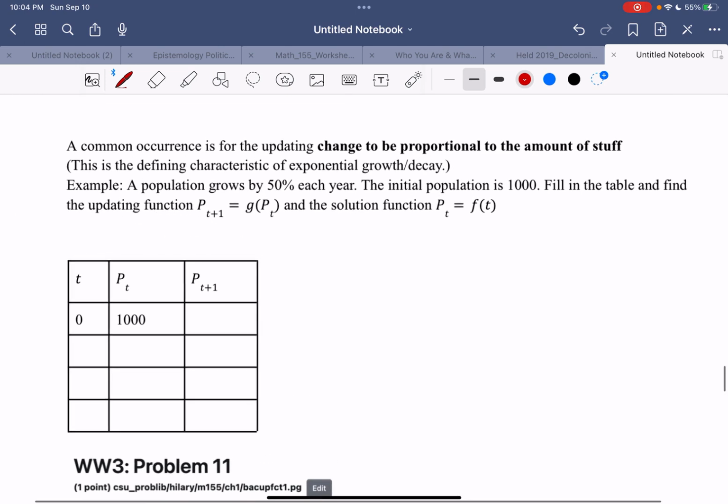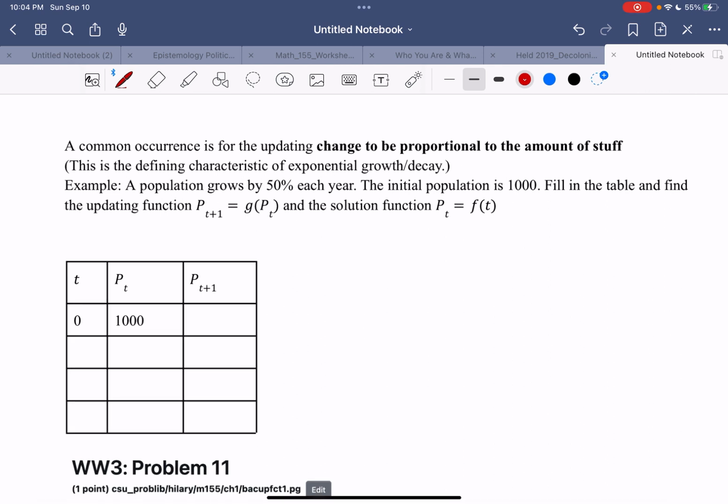So, a common occurrence is for the change to be proportional to the amount of stuff. In fact, this is what it means to grow exponentially. This is the defining characteristic of exponential growth or decay.